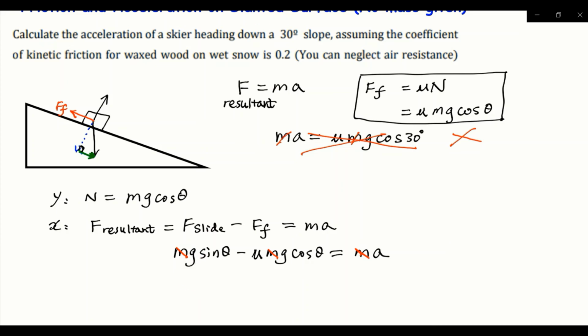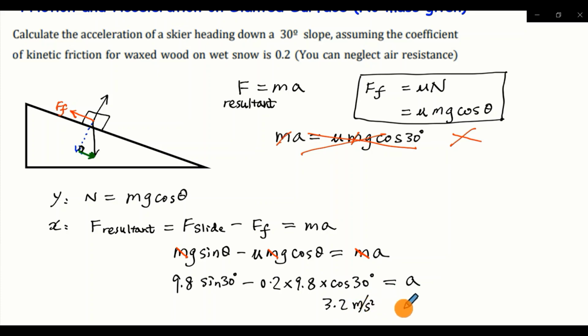So g is the gravitational acceleration, 9.8, times sine of 30 degrees, minus mu, which is 0.2, times 9.8 times cosine of 30 degrees. Put that in the calculator and it gives the acceleration: 3.2. And don't forget the acceleration units, meters per second squared.